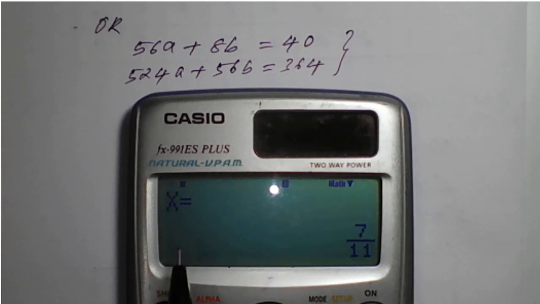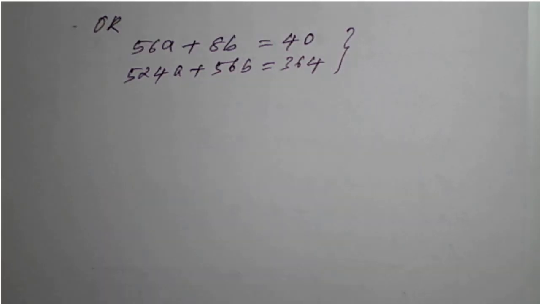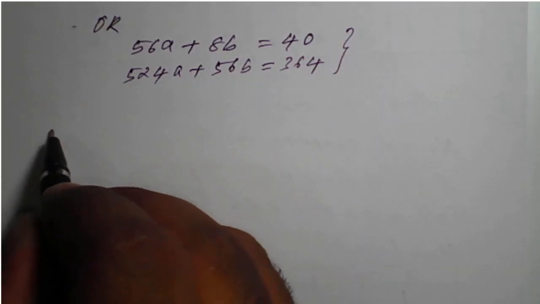So the first value we got, x is equal to 7 upon 11. This is nothing but 0.6363. So we'll round up to 2 decimal places. First we will write it completely. The value is 0.636363, and so on. So that is the value of a, not x.